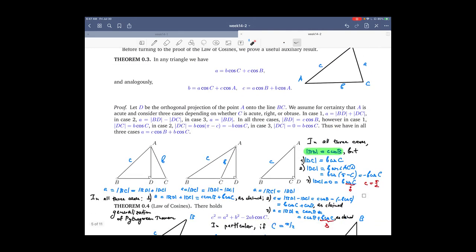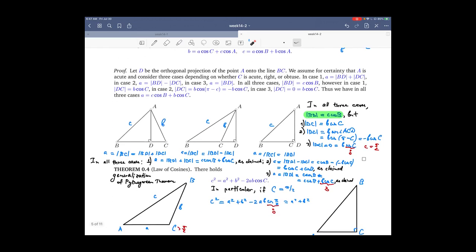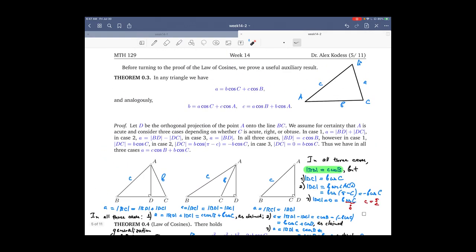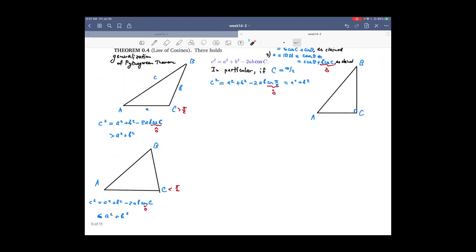So the pattern is very clear. You have one side on the left, the other 2 sides on the right, and each side on the right is multiplied by the cosine of the third remaining angle. So these identities allow us to very quickly prove the law of cosines.